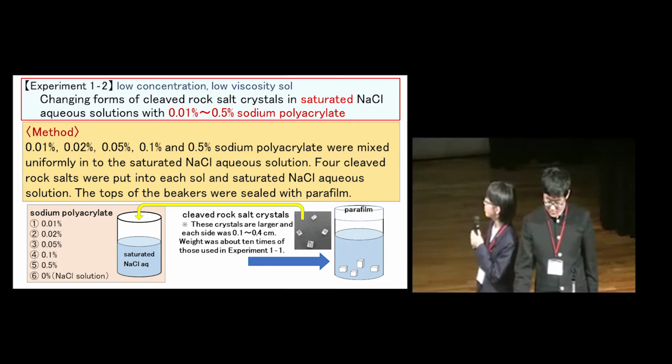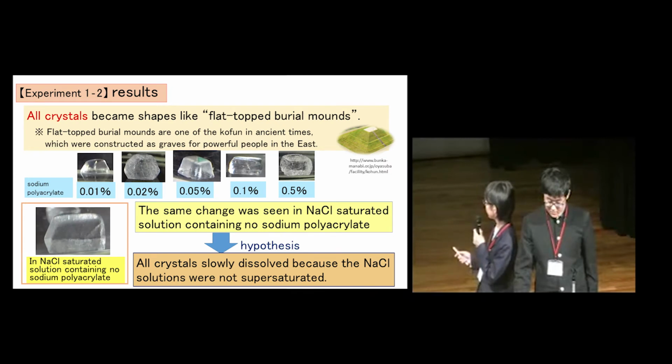We mixed 5 different concentrations of sodium polyacrylate into the saturated NaCl aqueous solution. We put clear salt into each saturated NaCl aqueous solution. Then we sealed the top of the beaker with paraffin. These are the results. All the crystals became shapes like flat-topped burial mounds, which are common in ancient times in the East.